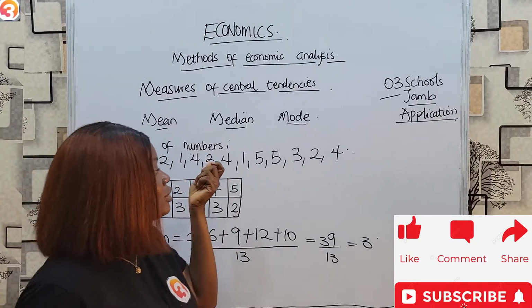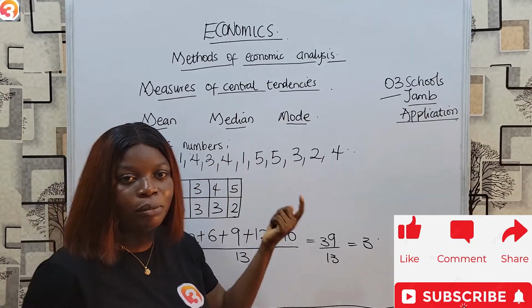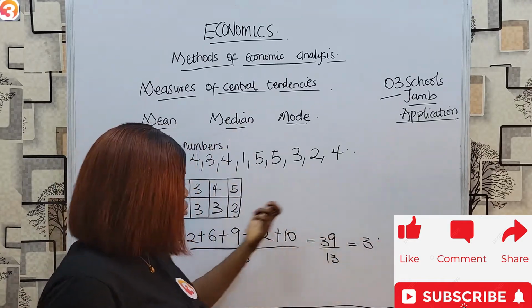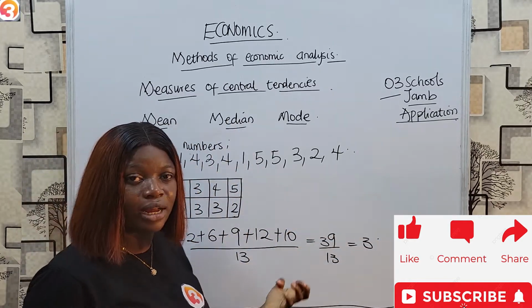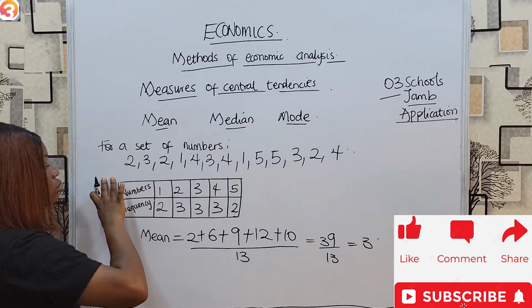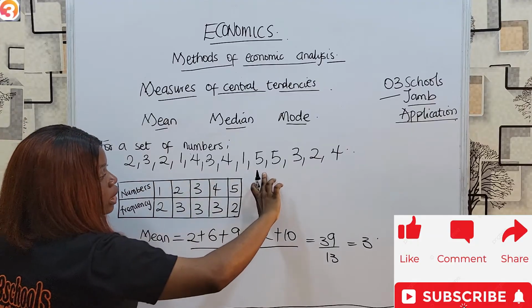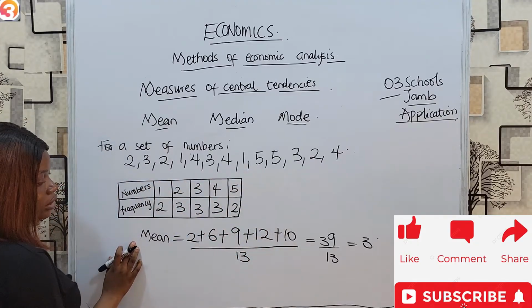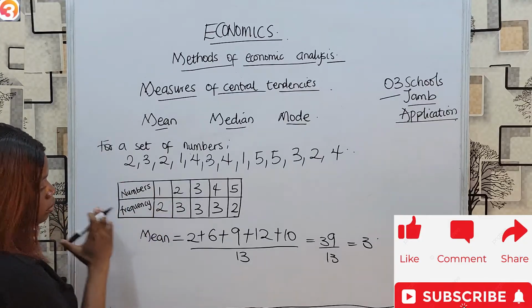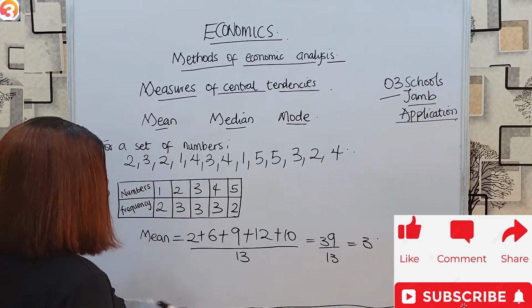If you make a small mistake by omitting one number, you have gotten the entire calculation wrong. So it requires all the elements in a given set of data, it is always present and unique, and it is very sensitive to change.